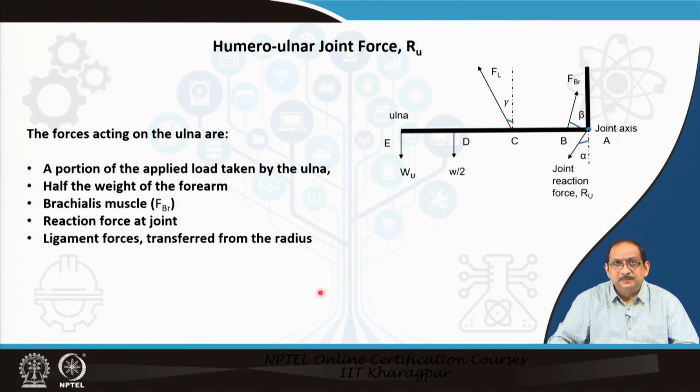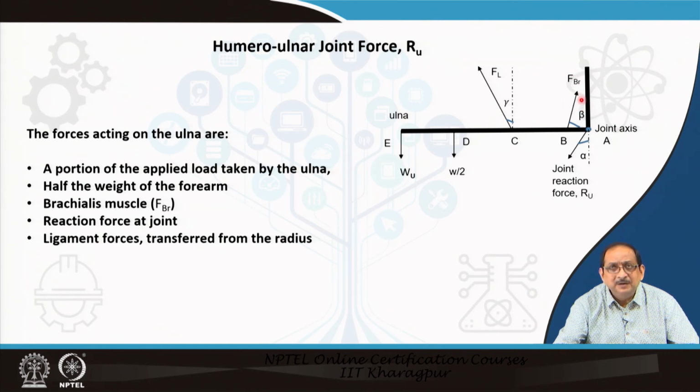Now, let us consider the humero-ulnar joint reaction force. You can see the free body diagram of the arrangement, where we have a portion of the applied load taken by the ulna that we have calculated just in the preceding slide, the half of the weight of the forearm as discussed earlier, and we have the brachialis muscle.